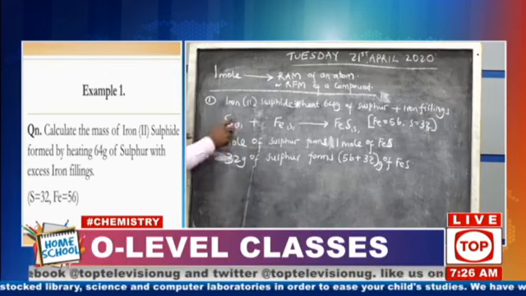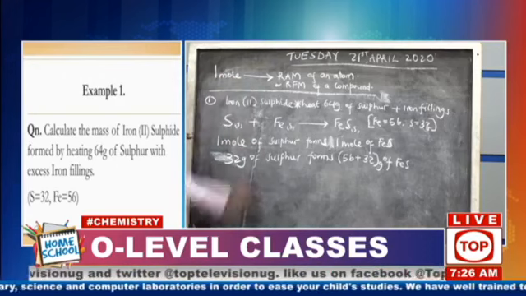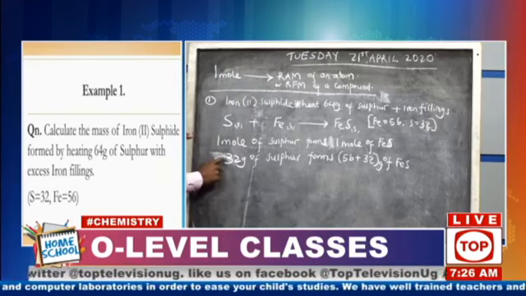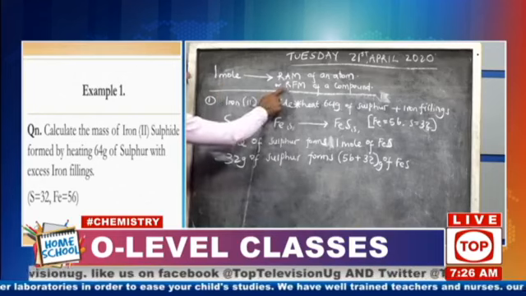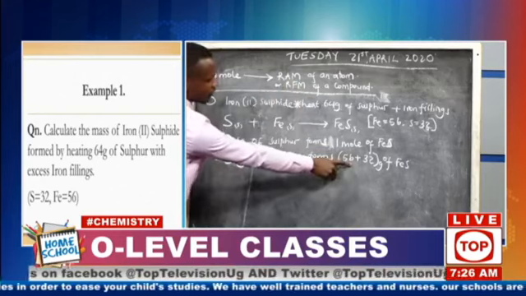Okay? We said 1 mole, which is here, is representing the relative atomic mass, and we have put it here. 1 mole is representing the relative formula mass of a compound. We are putting it there.